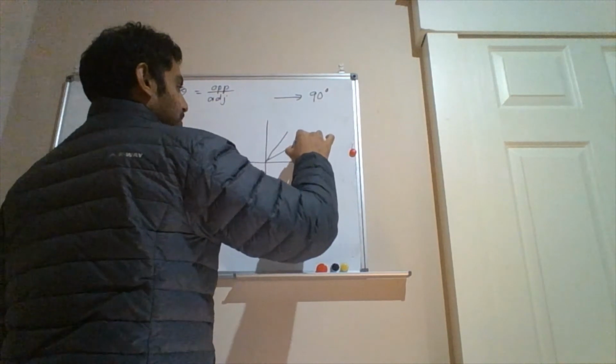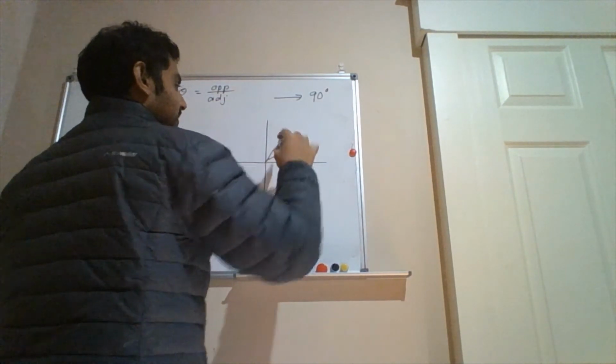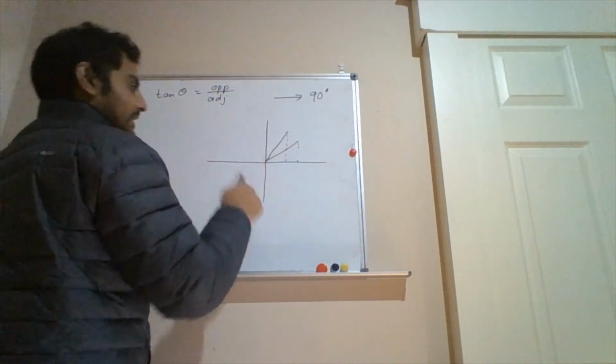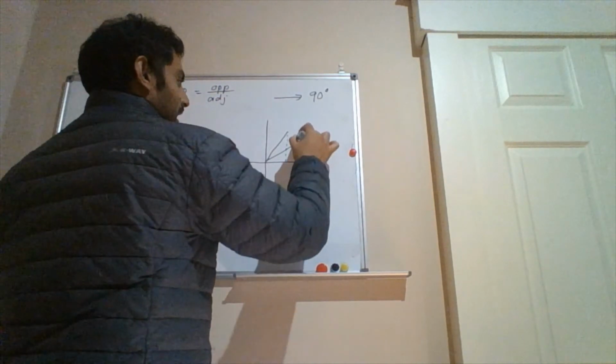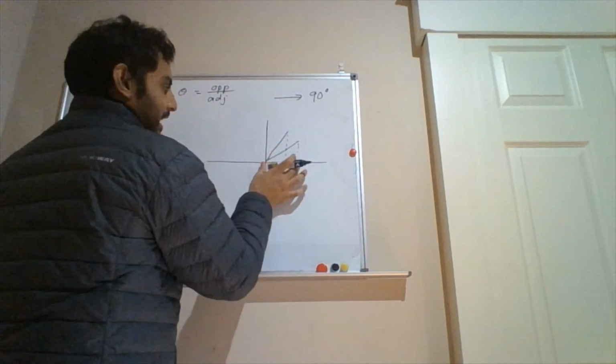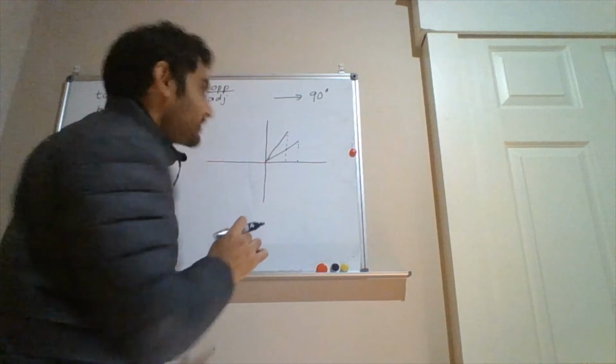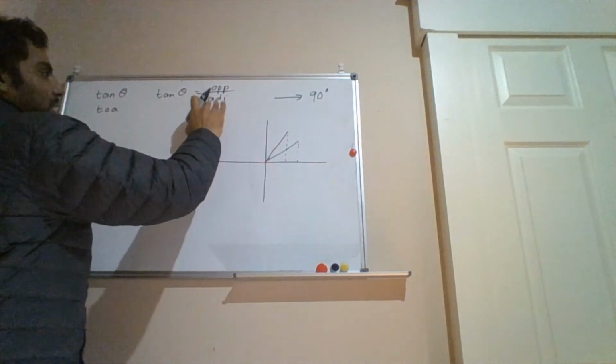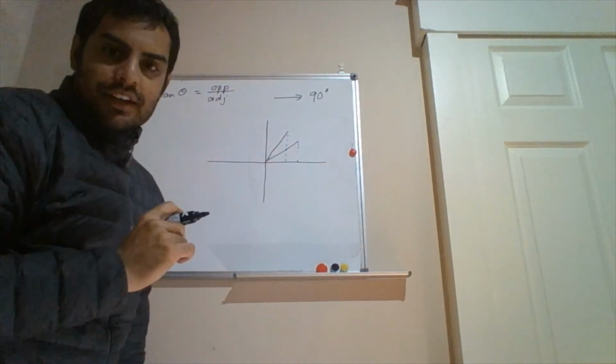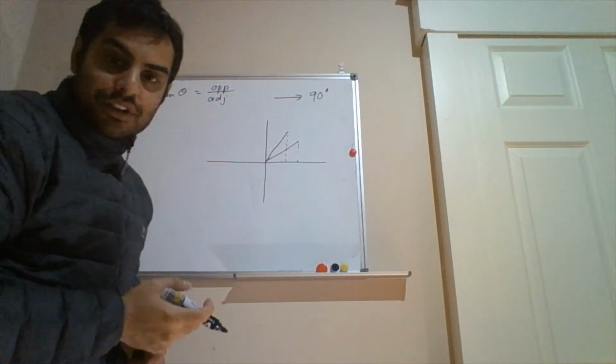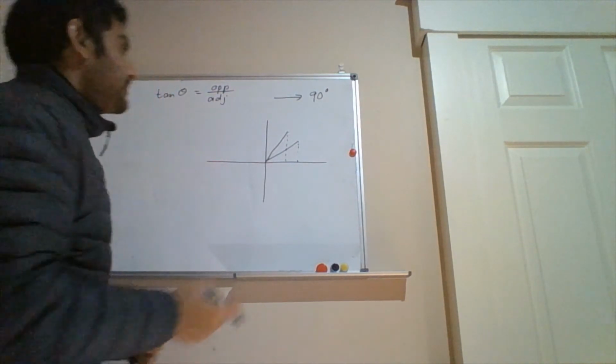What is happening to our opposite and our adjacent? So as we move in an anti-clockwise fashion, our opposite increases and our adjacent shrinks. So if our adjacent is shrinking, then our overall fraction will get larger and larger.